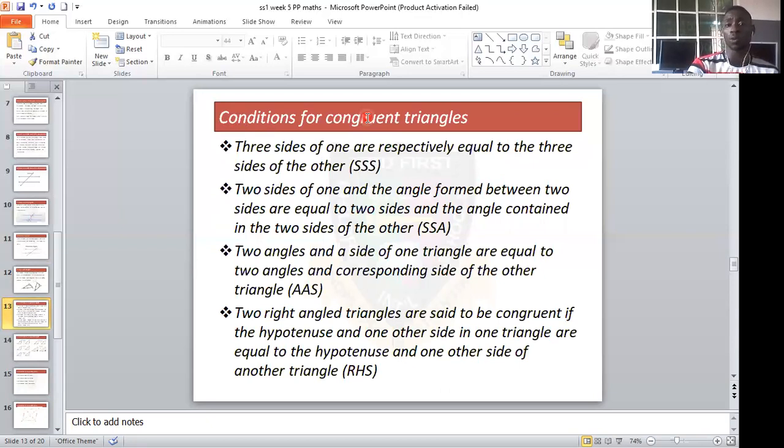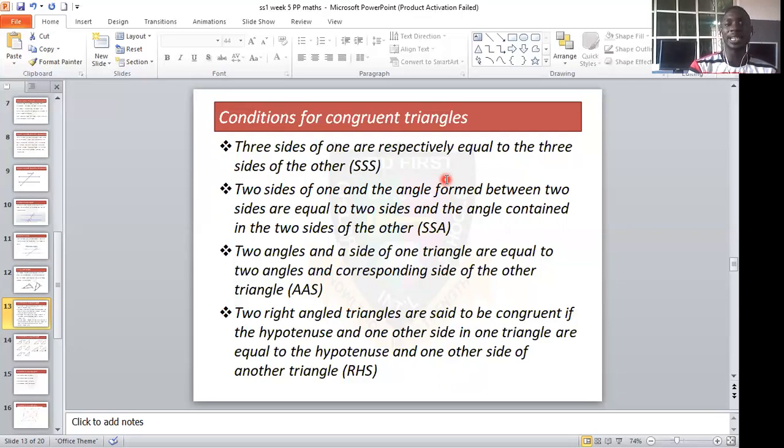For 2 triangles to be congruent, number 1, 3 sides of one are respectively equal to the 3 sides of the other. That is, the first thing you consider, we call them SSS. All the 3 sides of one triangle must be equal to all the 3 sides of the other triangle you're considering. The 2 triangles must have equal size. That is, if one side is 5 here, another side is 4 here, another side is 3, then on the other triangle also, one side must be 5, another side must be 4, another side must be 3.